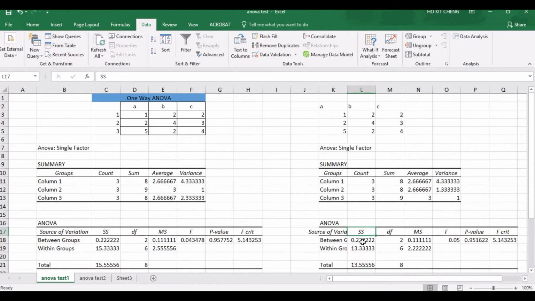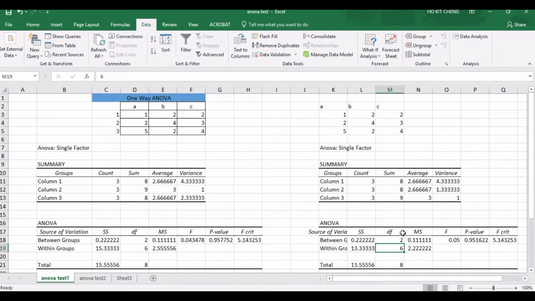This one is SSB and this one is SSW, and we know that SST is equal to SSB plus SSW. And this one is the degree of freedom column, and the 2 here represents that there are 3 groups of data, and we minus 1 to simply get 2.